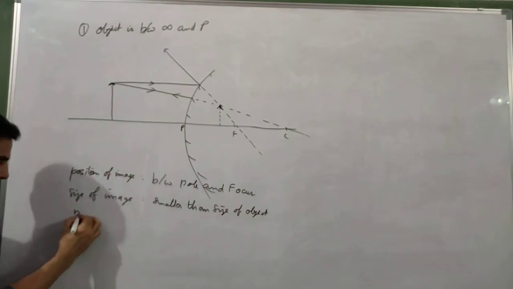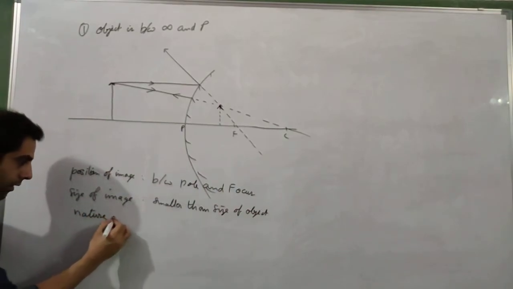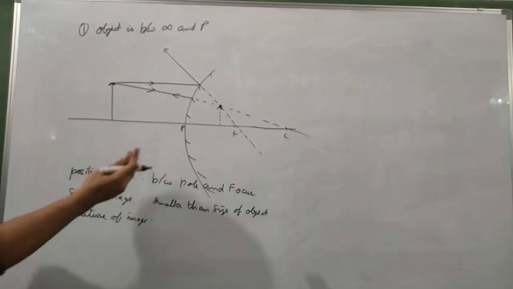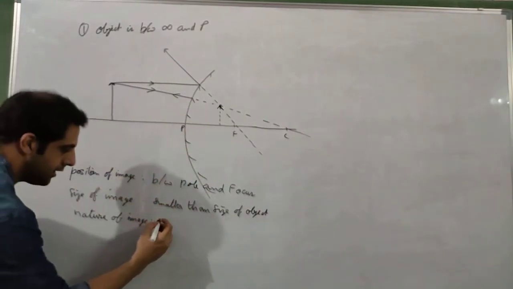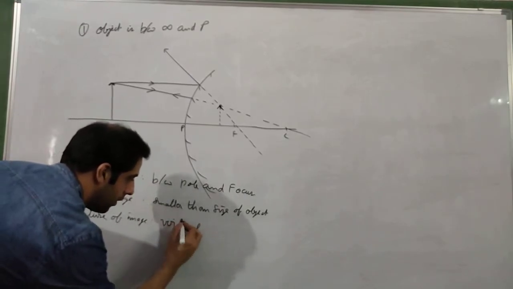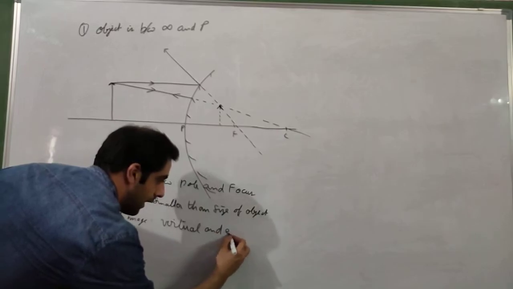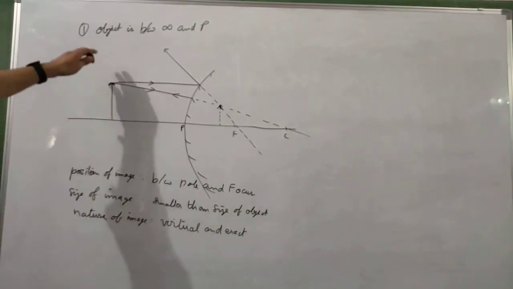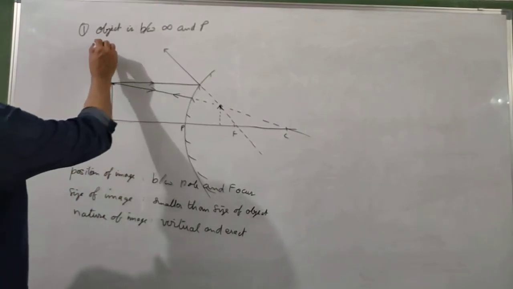And last thing, nature of image. What is the nature of image? First of all, it is virtual and it is erect. All virtual images are erect, so we will write virtual and erect. So this is the first case when the object is between infinity and pole.